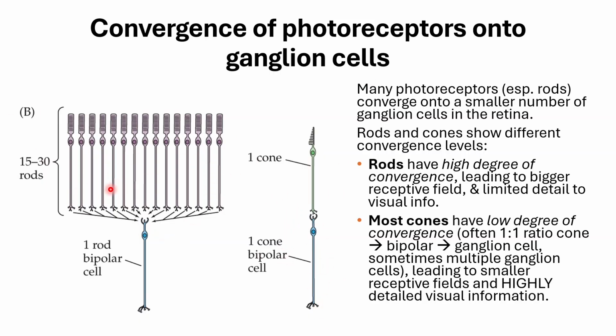And so if you think about this, part of the reason why our rods are so sensitive to picking up low intensity light is because you may have only a few photons that are hitting the retina here or here, but that information can be converged and collected into a single bipolar cell.